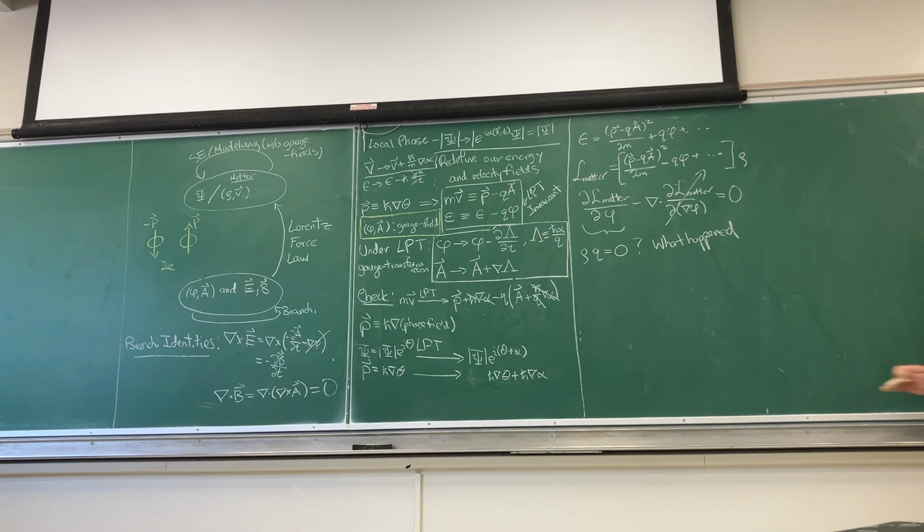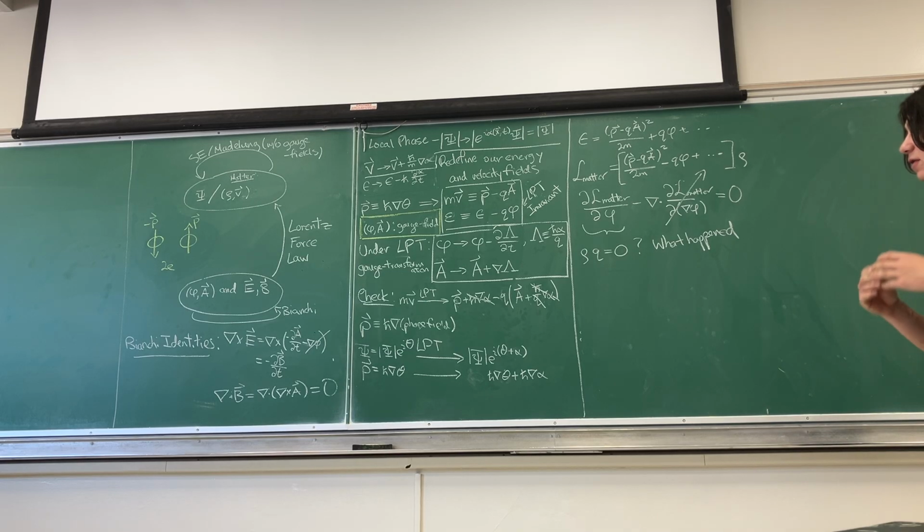Notice we haven't done anything with Lorentz invariance at all, but you might know that E and M is inherently Lorentz invariant. We've never used that, but it must be the case. And so that's the missing piece that we would need to impose.